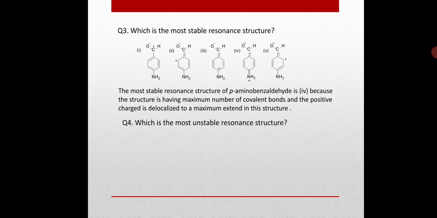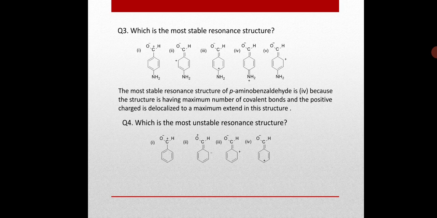Which is the most unstable resonance structure of benzaldehyde? Benzaldehyde has these 4 canonical structures, and which is the most unstable? You yourself can solve this problem. Pause the video, solve the problem, and then come back to the answer.